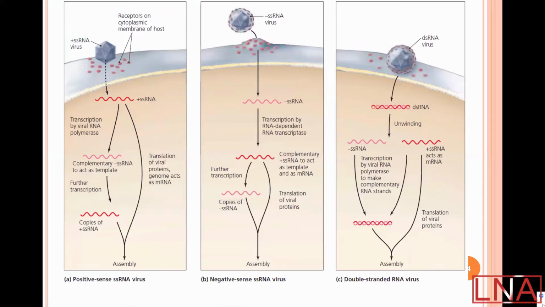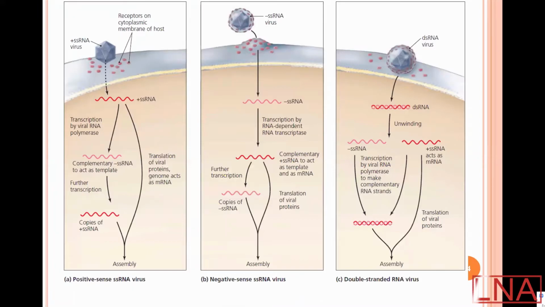Here you can observe different nucleic acids, not cycles actually, but different ways how a virus will replicate itself depending on its own genome. First, picture A, a positive sense single-strand RNA virus. So plus ssRNA viruses.